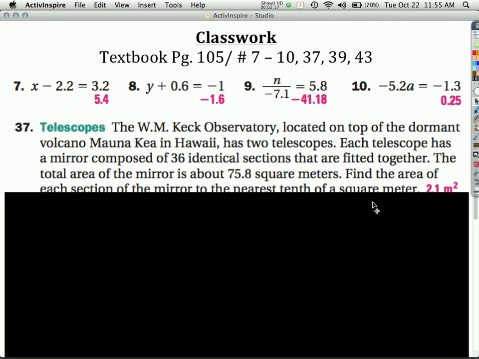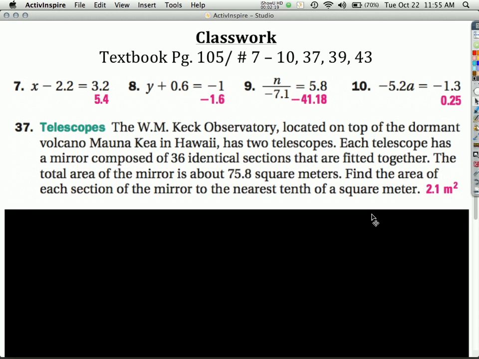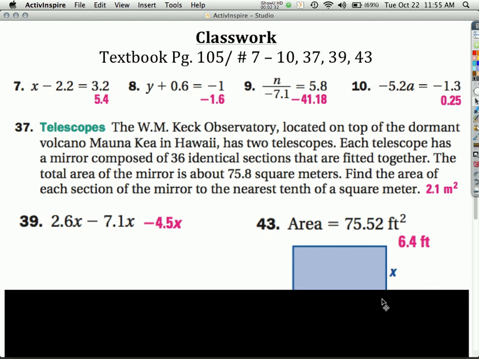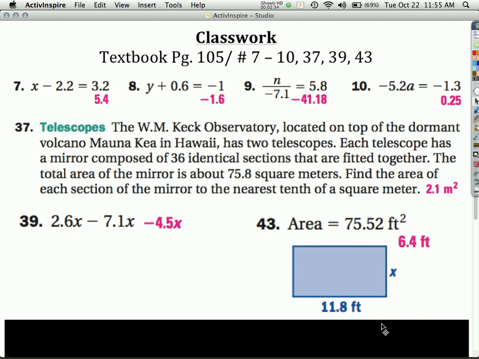Number 37 comes out to 2.1 square meters. Number 39 was negative 4.5x. And number 43 is 6.4 feet.